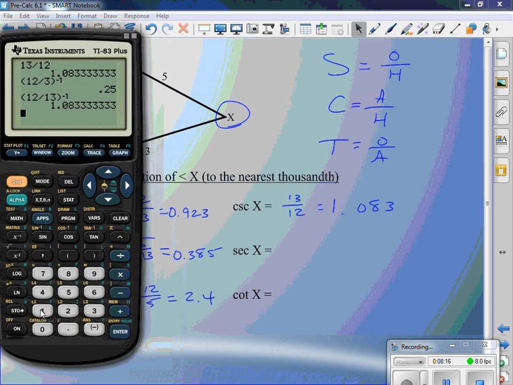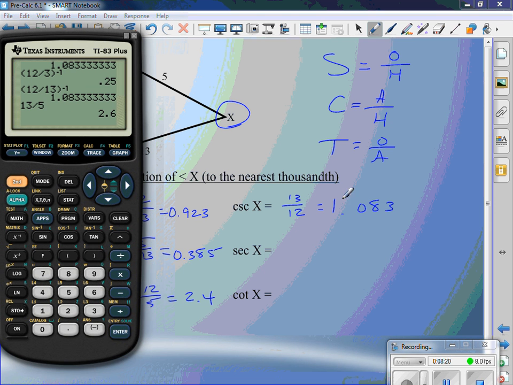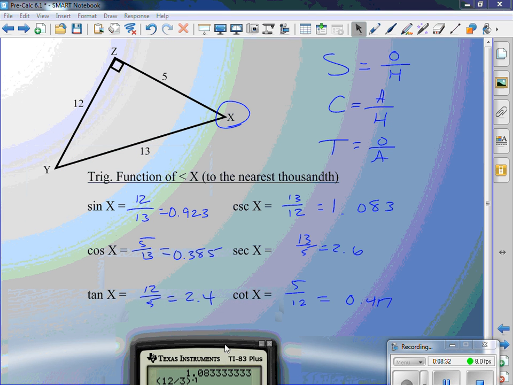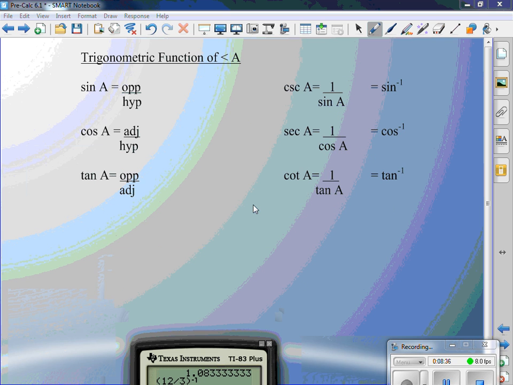For cosecant, it's going to be 13 divided by 5, 2.6. And the cotangent is 5 over 12, 0.417. You guys noticed the big mistake: you actually tried to hit sine of that. This here I've already showed you, and I'm explaining this part over here. It's just the inverse of each one.